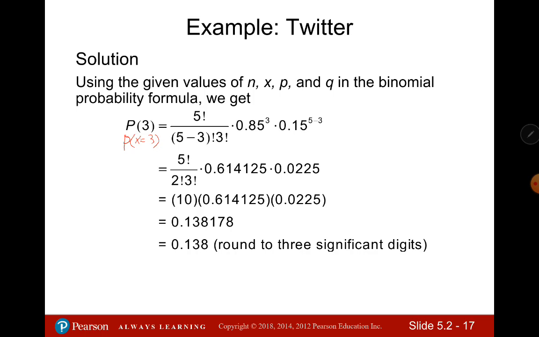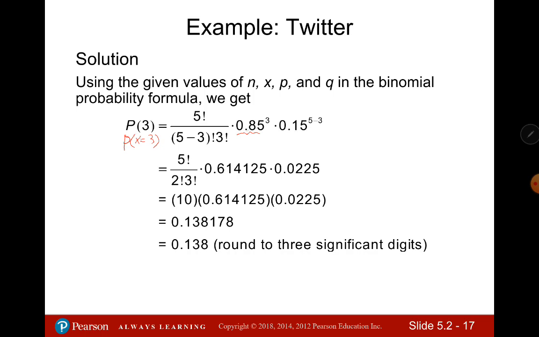So here we just plug it into our formula. But the most important part, you need to know this is our lowercase p, the probability of a success, to the power x, success to success. And this is the probability of a failure to the number of failures. If 3 out of 5 know Twitter, that means 3 successes and 2 failures.